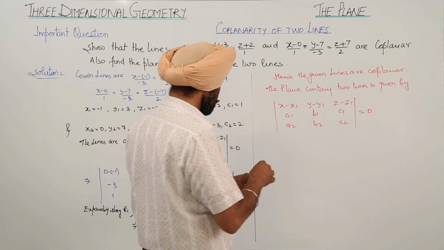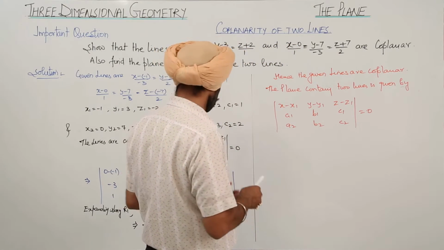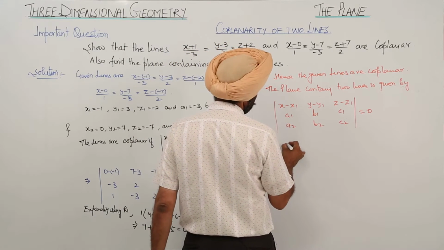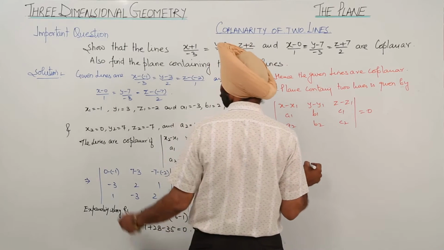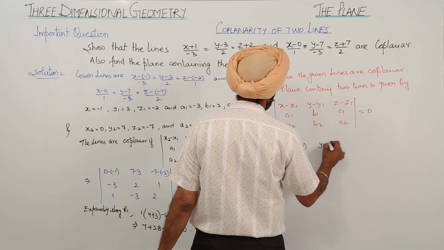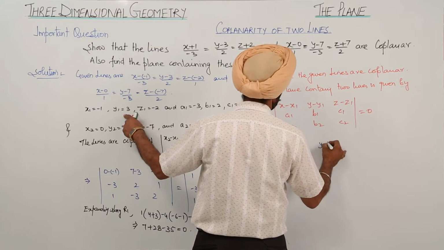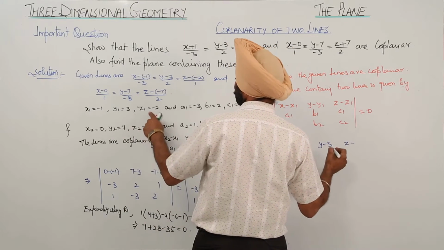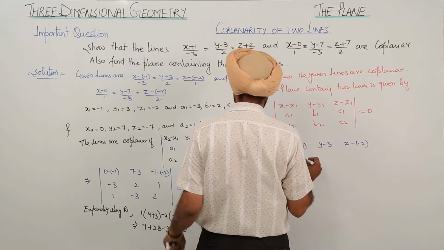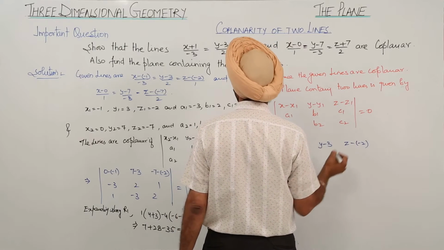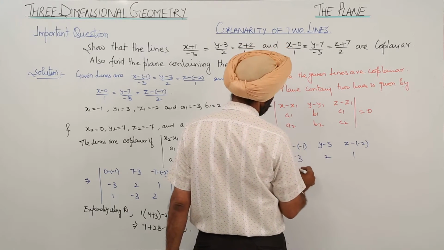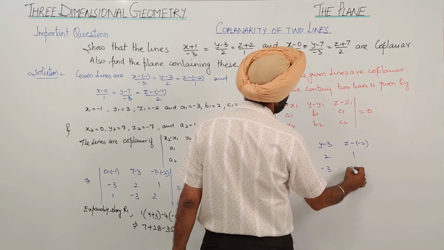Okay, so we are having x minus x1 is x plus 1, y minus y1 is y minus 3, and z minus z1 is z plus 2, with rows minus 3 2 1 and 1 minus 3 2.